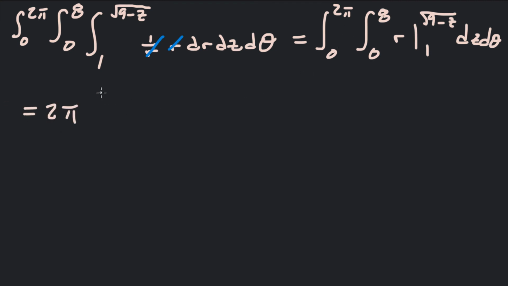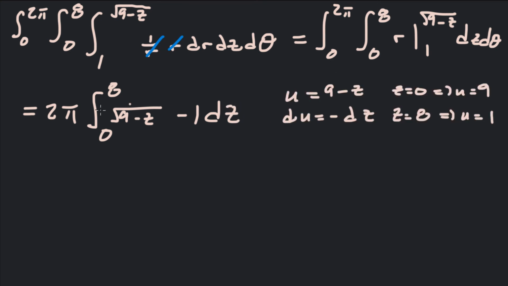So this is going to be 2π, integral from 0 to 8, and then plug these bounds in. That's going to be square root of 9 minus z, minus 1, dz. And to do this integral, we would need to do a u-sub. So this is going to turn into 2π, integral from 9 to 1, square root of u minus 1, negative du. Now we're going to use this negative sign to flip the bounds.